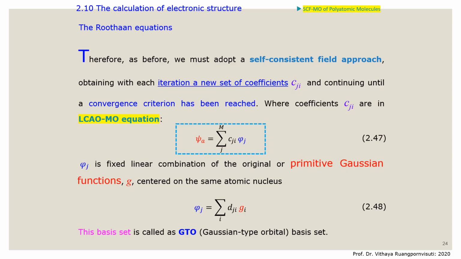Phi j is a fixed linear combination of the original or primitive Gaussian functions g centered on the same atomic nucleus.